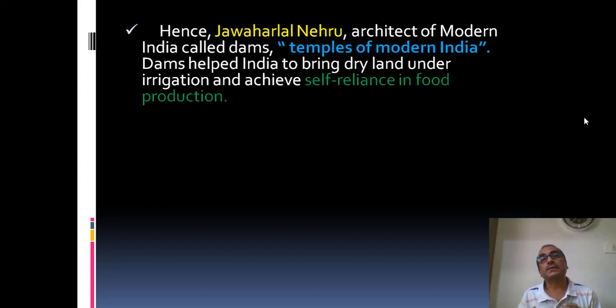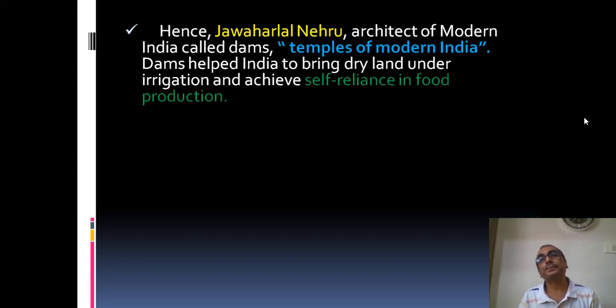Now let us look at a quotation given by the once Prime Minister, the late Jawaharlal Nehru. He says that the architect of modern India, called dams, are actually temples of modern India.